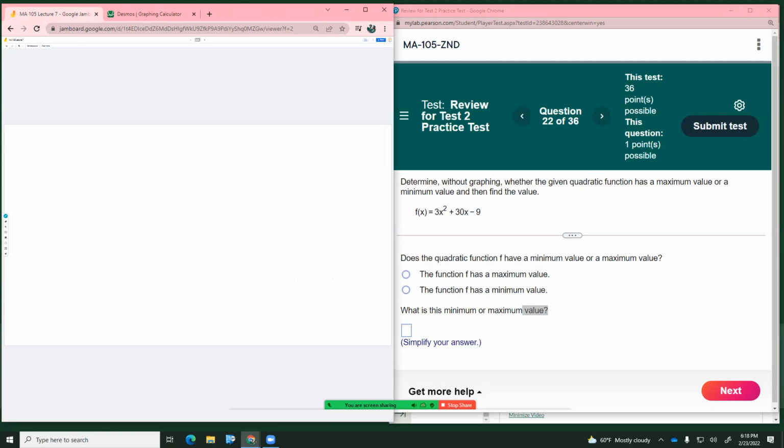All right, so we got 3x squared plus 30x minus 9. In this situation, we use negative b over 2a because we're trying to figure out maximum or minimum. We got negative 30 over 2 times 3, which gives you negative 5.